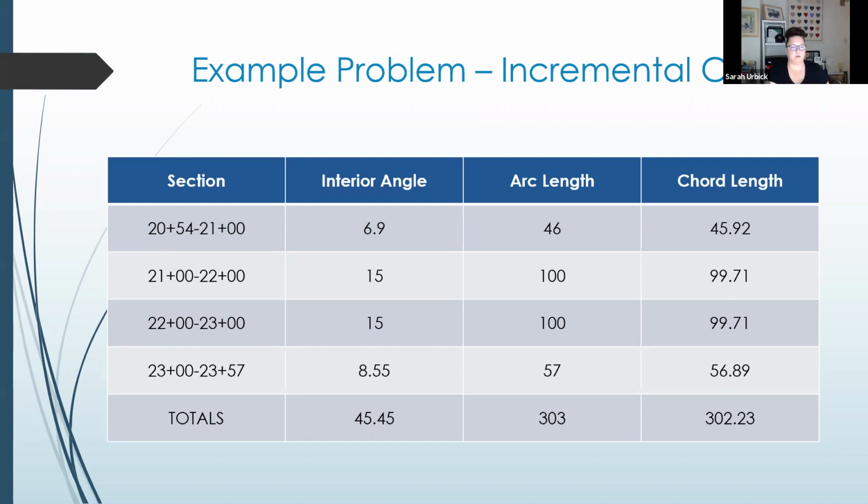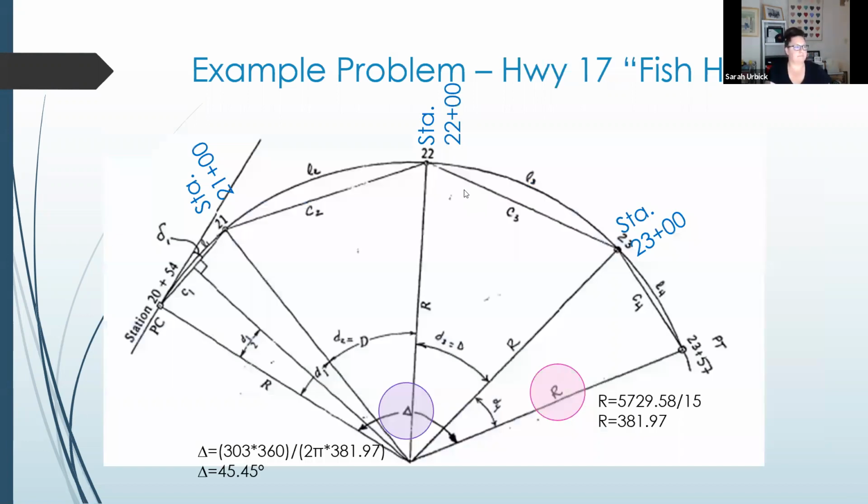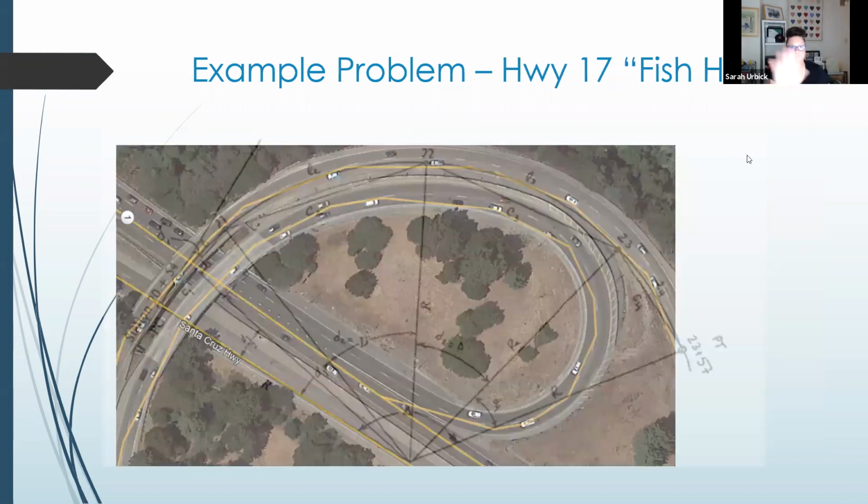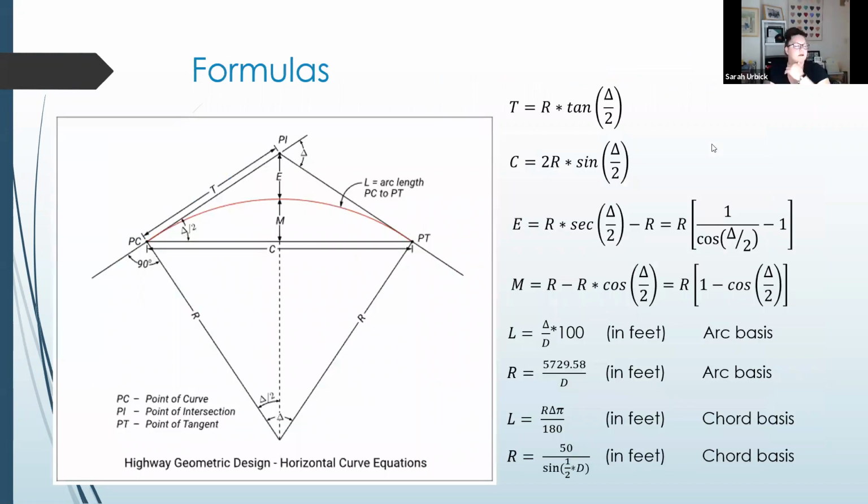So our chord length is 2 times the radius times the sine of 1/2 of the angle. We can reverse engineer that. We can back into it.